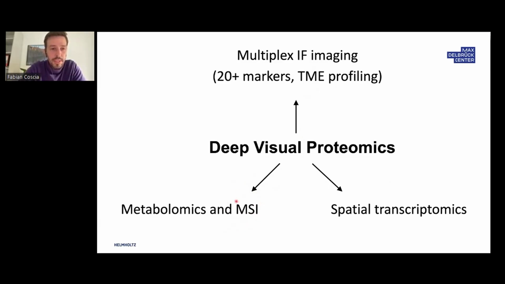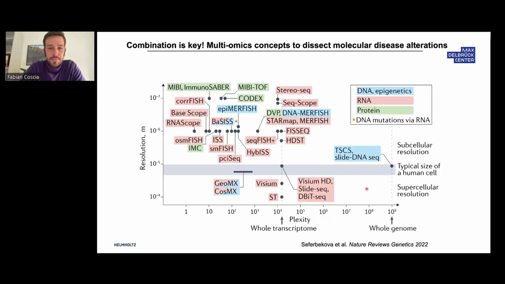So multi-imaging is an exciting avenue in this direction. And we have also already teamed up with labs focusing on spatial transcriptomics, where in a very similar fashion we can combine the RNA readout with the protein readout to get a better understanding of the disease-related alterations.